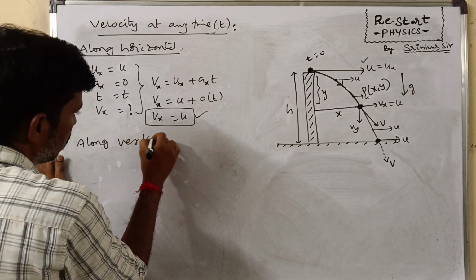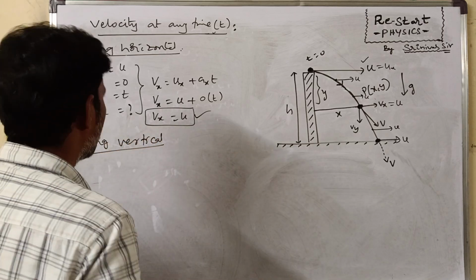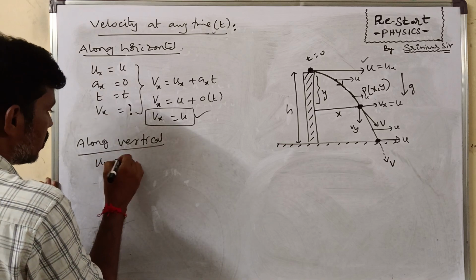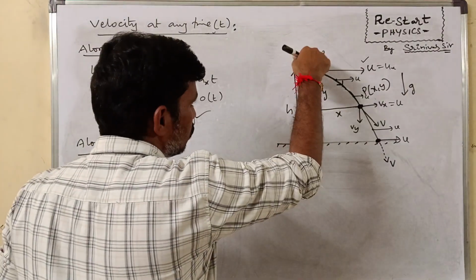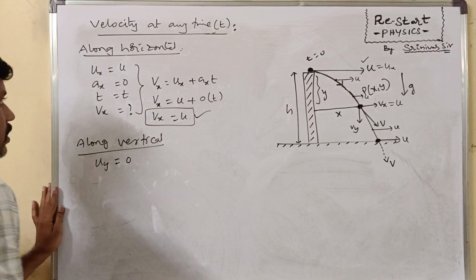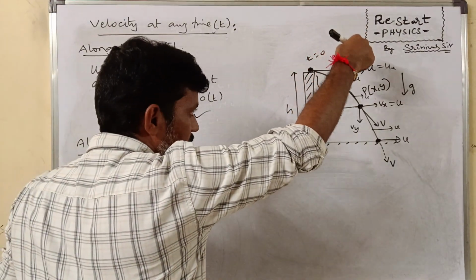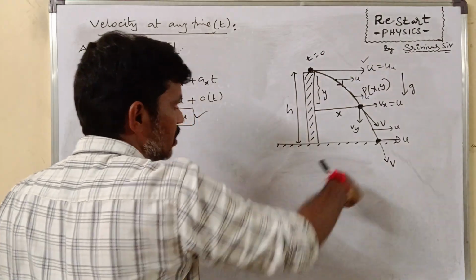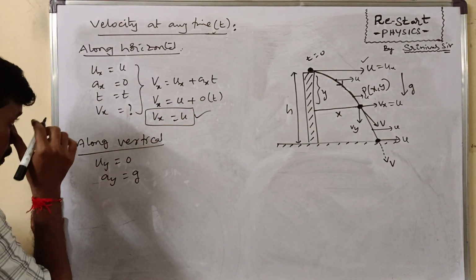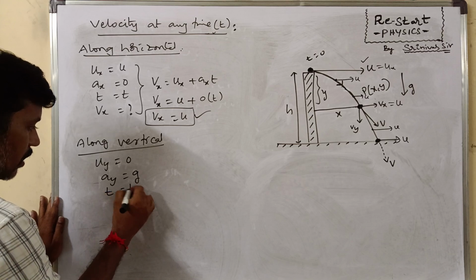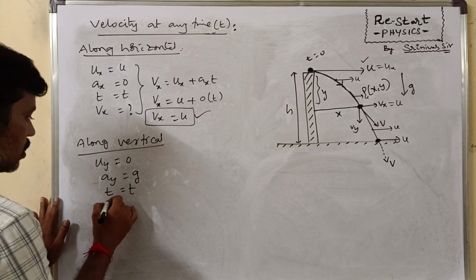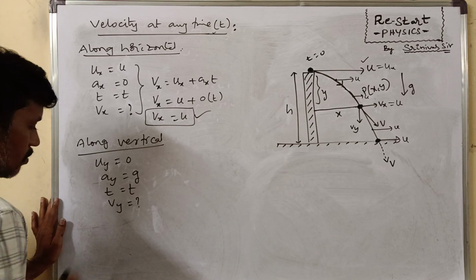Next, along the vertical direction, that means along vertical motion. Uy is equal to 0 because there is no vertical component of initial velocity, and ay is equal to g because acceleration due to gravity acts in the vertical direction, plus g. After time t, vy is equal to question mark.